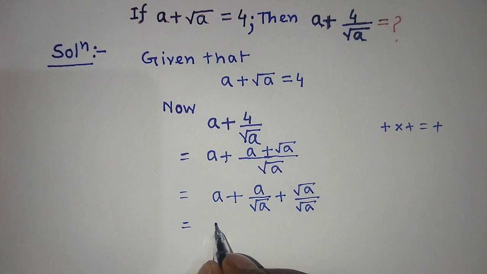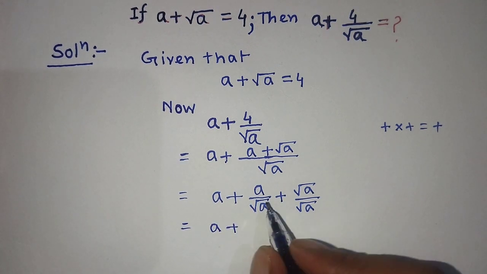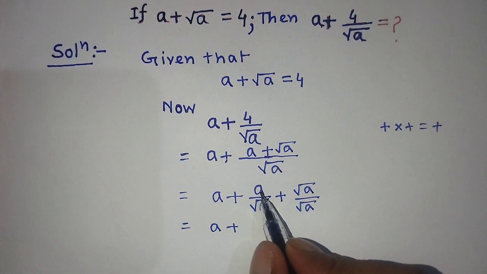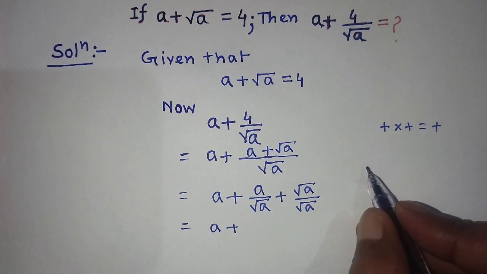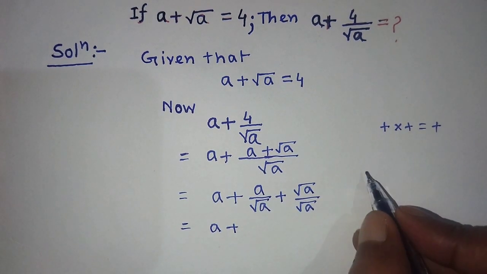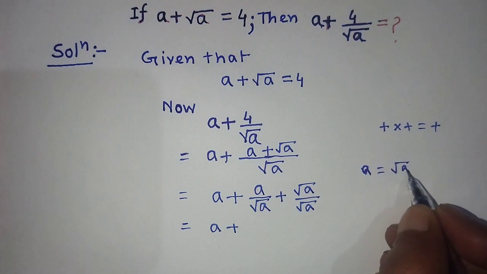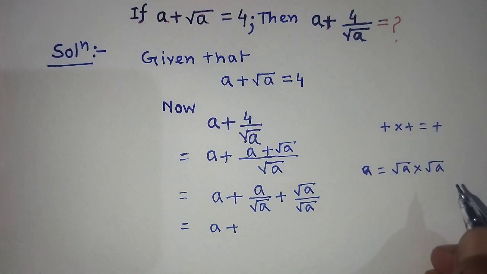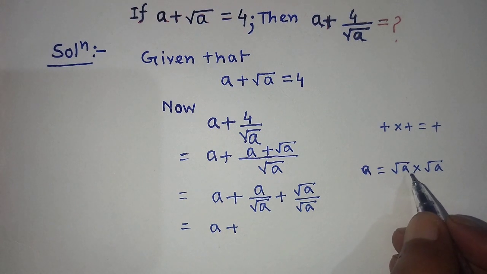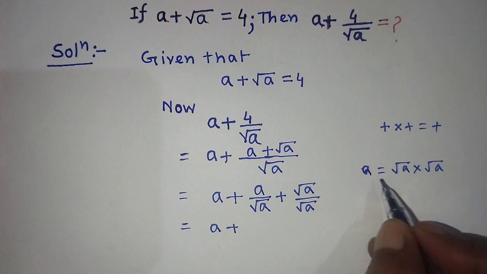So my dear student, after that again we have to write a plus, and in the place of a we have to write root over of a into root over of a. Okay, if you multiply root over of a with root over of a, then you get a.